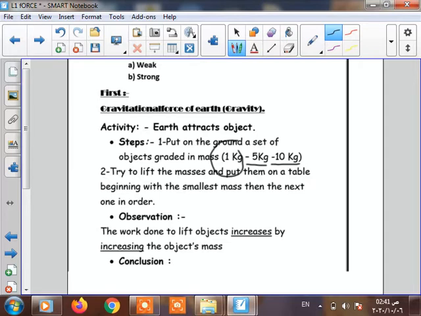Then I must increase the exerted work to lift the second one because its mass is larger than the first one. And then I need more work or more force to lift the heaviest one, which is 10 kilograms. So I have to increase my work or force to lift the object as the mass increases.